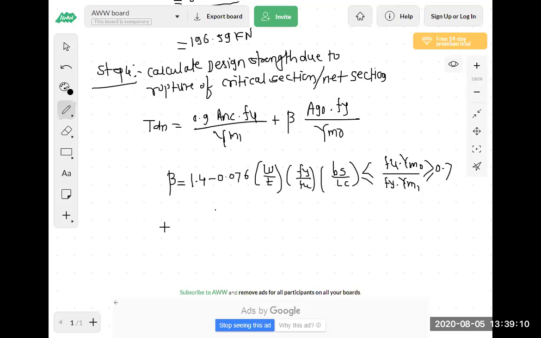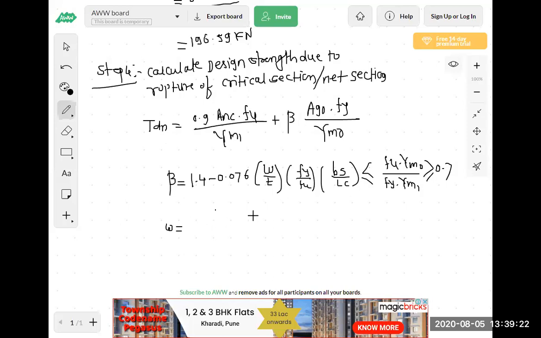Okay, now we have to calculate each unknown one by one. So the first unknown here is W. So what is W? I explained this when we saw the detailed design strength.